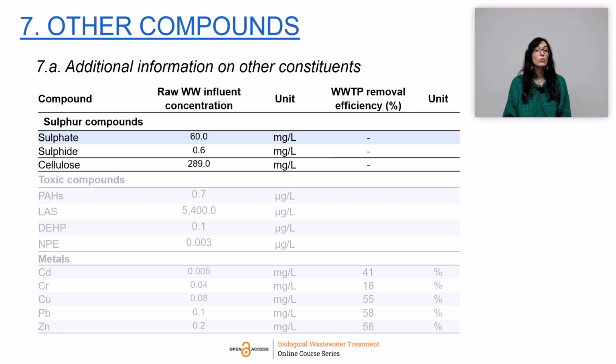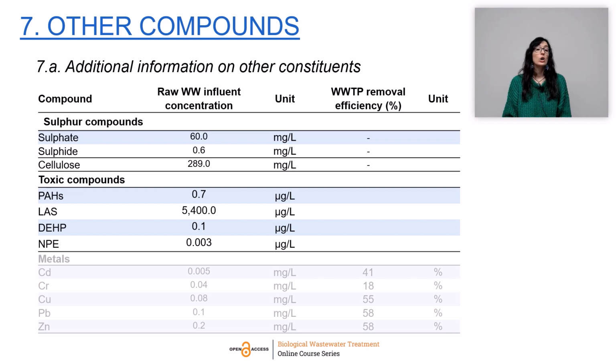We also know the concentrations of cellulose in the raw wastewater. We also have information on the concentrations of different toxic compounds, including polycyclic aromatic hydrocarbons, or PAH, linear alkylbenzene sulfonates, or LAS, phthalates, or DEHP, and nonylphenols, or NPE.